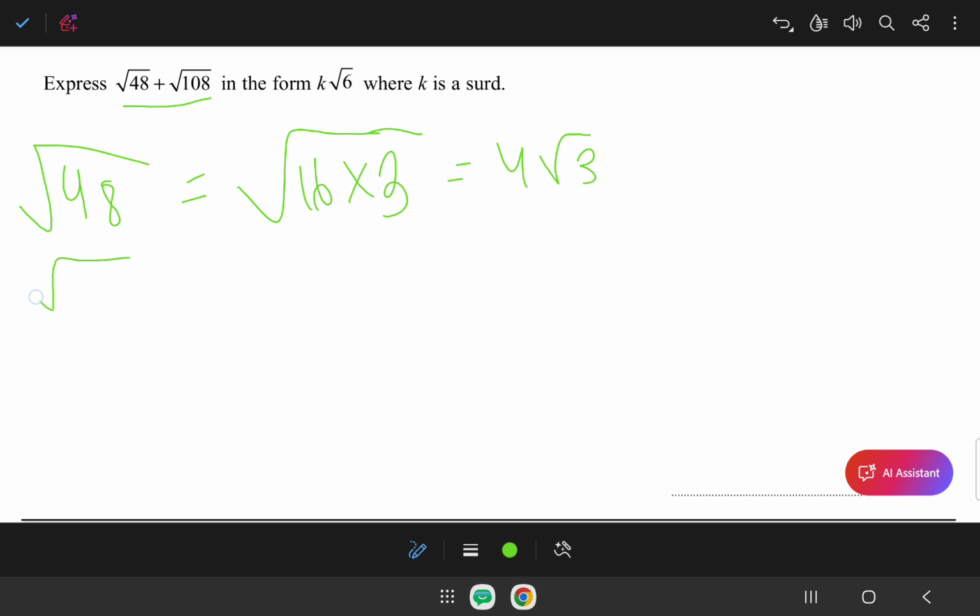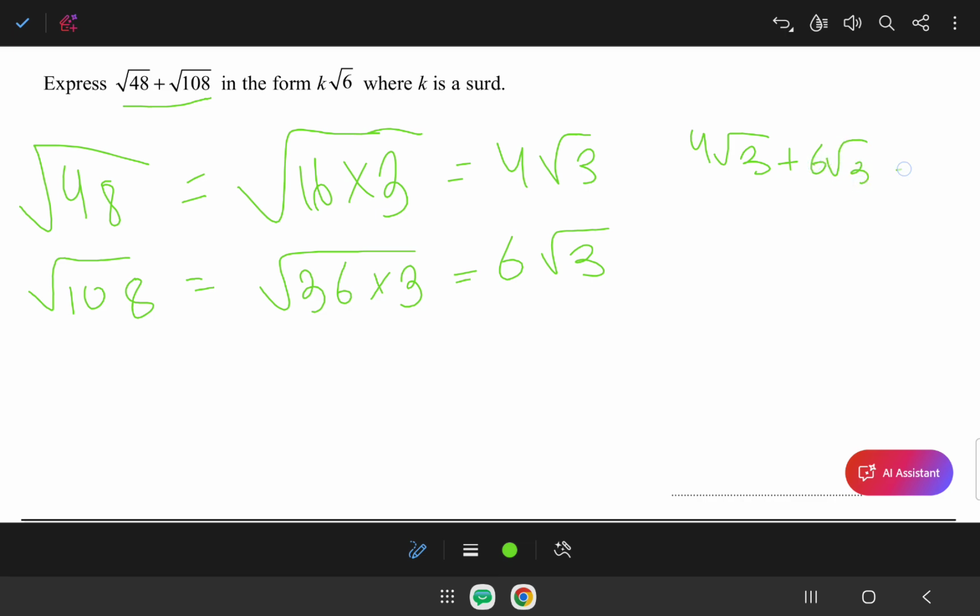Then we have root 108, which can be written as root 36 times 3, and 36 is a square of 6, so 6 root 3. So now 4 root 3 plus 6 root 3 equals 10 root 3.